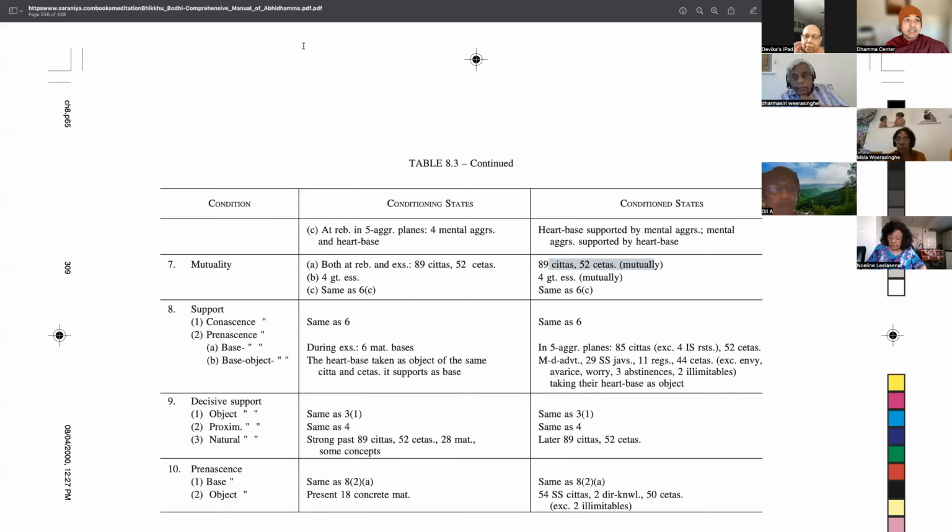Yes, Devika. Shriyani, does that make sense? Anoma, yeah. Bhante, can you repeat that? Kusalo Dhammo, Kusalassa Dhammassa Hetu Sampayutta Pachayena Pachayo.